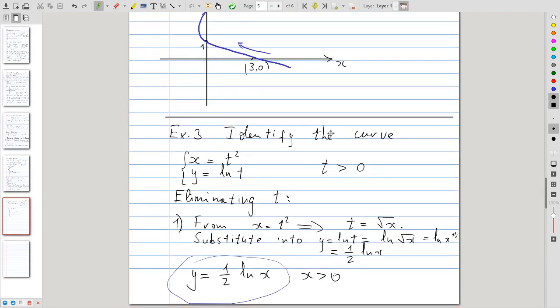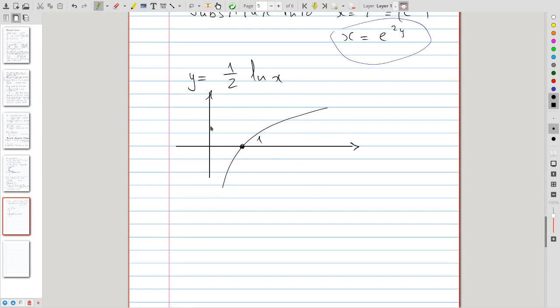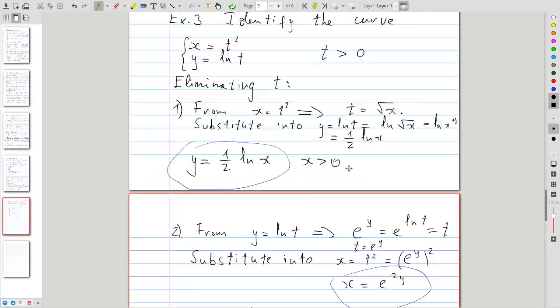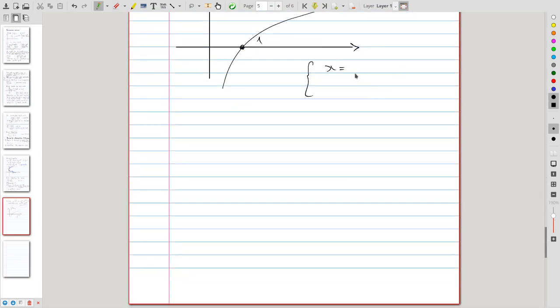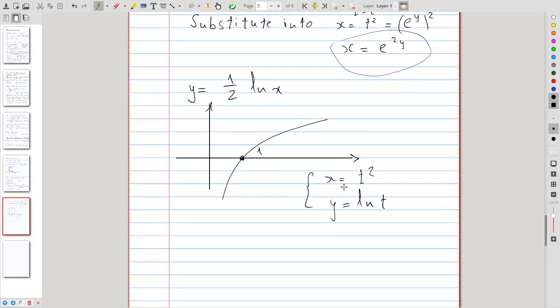And then when t increases, right? So we're thinking of this curve as the trajectory of x equals t squared, y equals log t. So you see that when t is increasing, both x and y are increasing, and so that means on our curve we are moving in this direction.